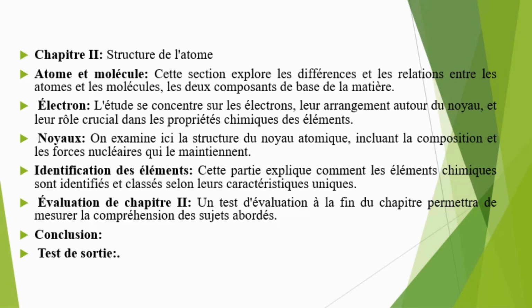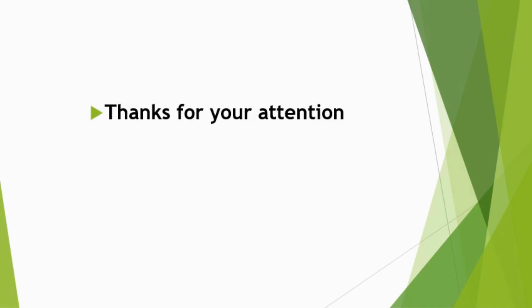We move to the nucleus and examine here the structure of atomic nucleus, and we move to identification of various elements, and we finalize with the evaluation of chapter. It's a test of evaluation, and we have conclusion, and after that we have a test de sortie or a final test. And thank you so much for your attention.